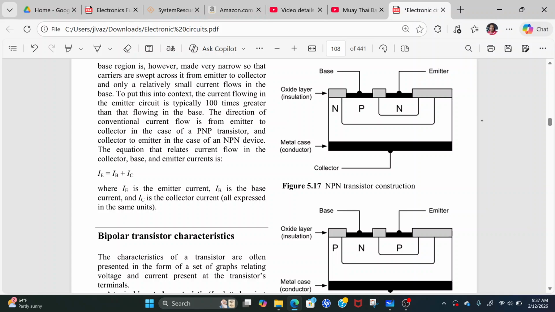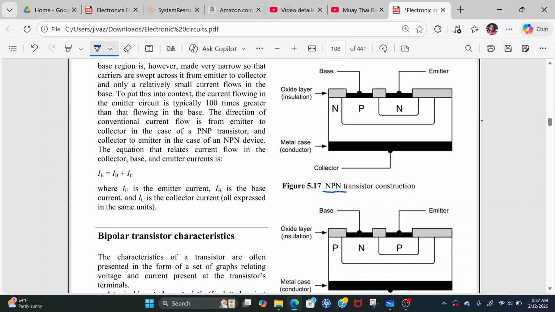You have three types of material. Each material is either an N or a P type material. In this case, we have an NPN transistor. This here is an NPN transistor. Why?